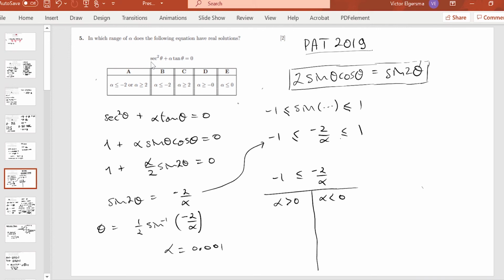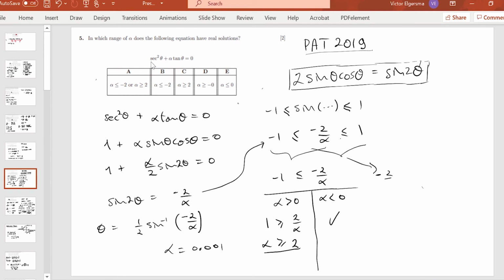We can multiply by minus 1 and that switches around this inequality. We get this, and then we multiply both sides by alpha without being afraid that alpha might be negative, because we've defined alpha as positive here. So alpha is greater than 2. If alpha is negative, minus 2 over a negative number is a positive number, and a positive number is always going to be greater than a negative number. So we're done. Okay, so that's this part.